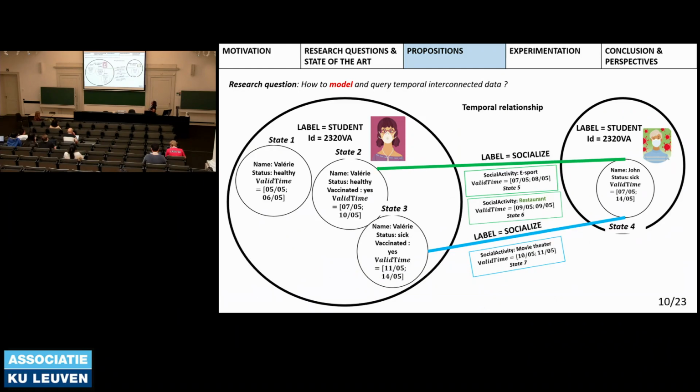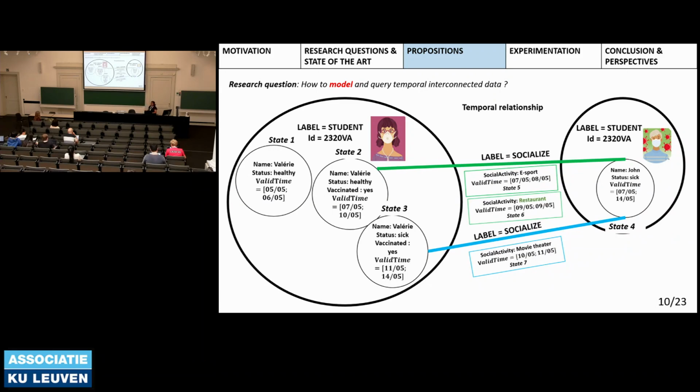In the same way, we have proposed the concept of temporal relationship. A temporal relationship corresponds to a semantic relation between 2 conceptual entities. So it is represented by edges on this figure. And the evolution of a temporal relationship is also represented by a set of states that are illustrated there by rectangles.